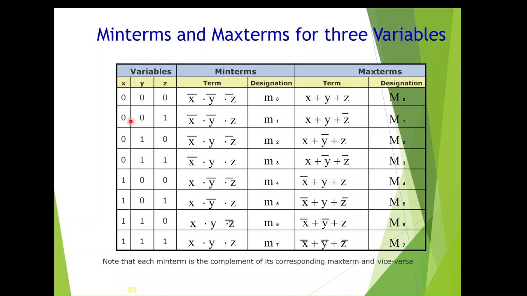Similarly 0, 0, 0 means in the min term we have to write with bar or the complement, in terms of max term, we should not write the complement for 0. Okay, so 0, 0, 1 means here x bar dot y bar dot z, whereas in the max term, we will be writing as x plus y plus z bar. So as you see, min term is the complement of max term or vice versa.